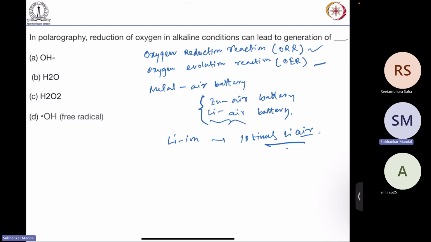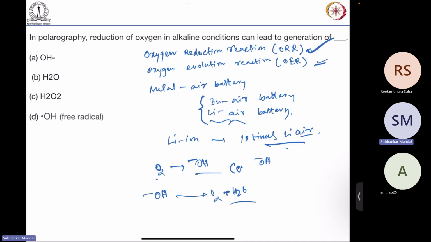So we can come to the question on the oxygen reduction reaction. In alkali condition, what will form when oxygen is reduced? In alkali condition, oxygen goes to OH minus, because OH minus is there in your solution. So in oxygen reduction, O2 goes to OH minus, and in the oxygen evolution reaction, OH minus goes to O2 plus water.